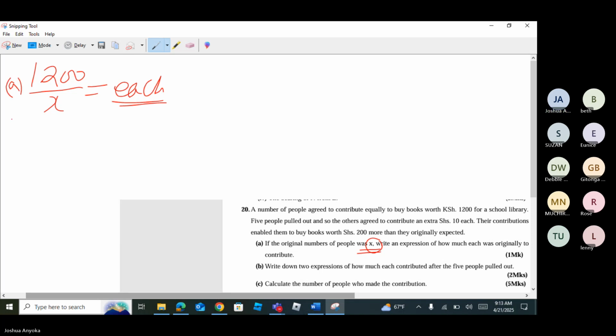B, an expression for B, write down 2 expressions of how much each contributed after the 5 people pulled out. I wanted 2 expressions. Unmute and give us your response. Yes, somebody.